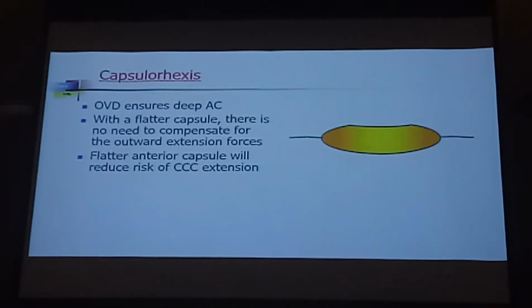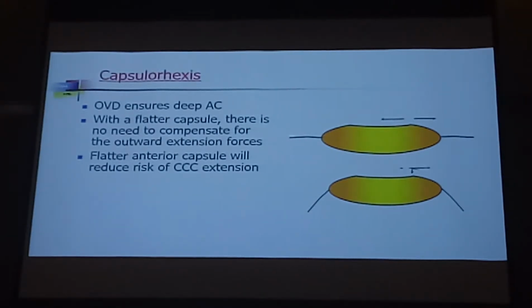With a flatter capsule, the balance of forces are equal, they cancel one another, there are no oblique or aberrant forces that complicate your CCC and make your CCC run out. Like in this case, you have forces that complicate the CCC.